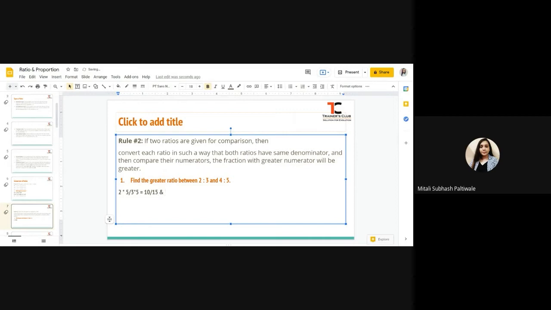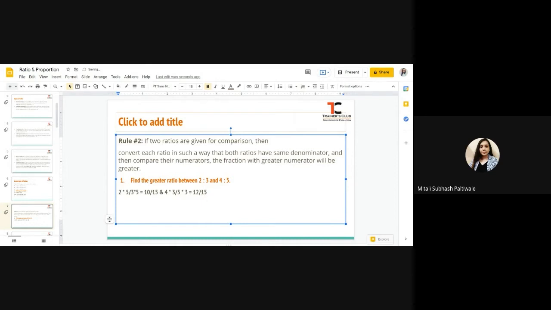And for the next ratio, 4 into 3, just to equalize the denominator, and 5 is already there, so we have to multiply it by 3. Okay, that's how we are doing it. And now let's equalize this. This will be 12 by 15. Okay, 12 by 15 is what we have got.